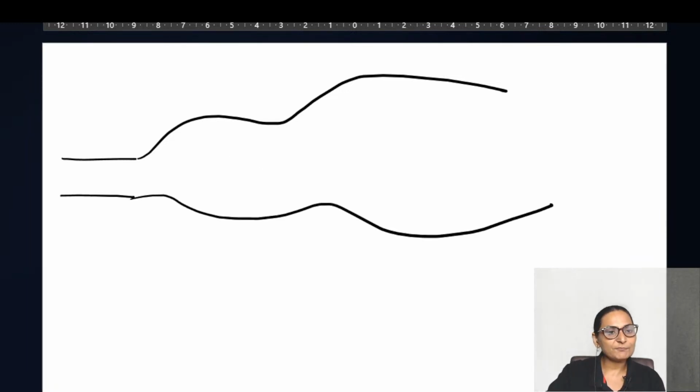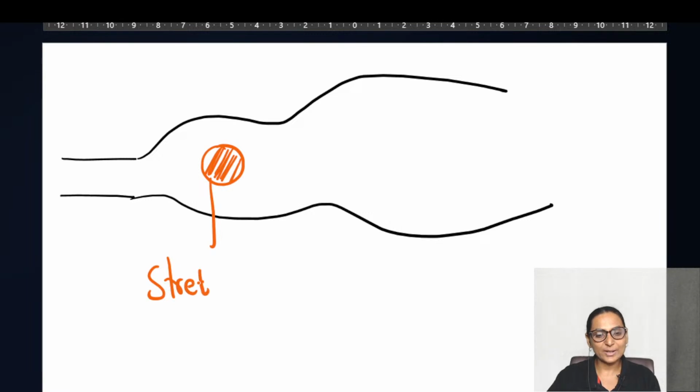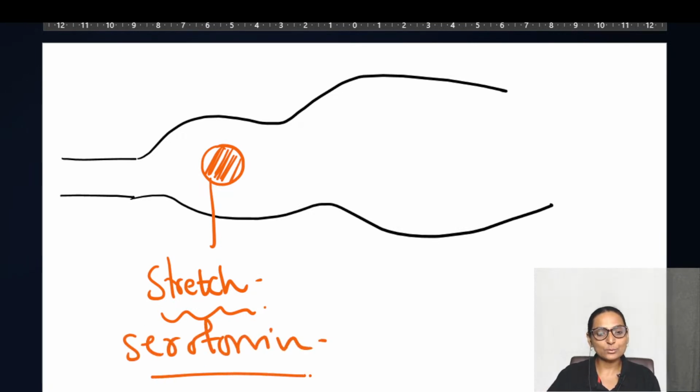Now, this is a food bolus, okay? It is the food bolus that is initiating peristalsis. The food bolus is going to cause stretching. This stretching will bring about the release of serotonin.